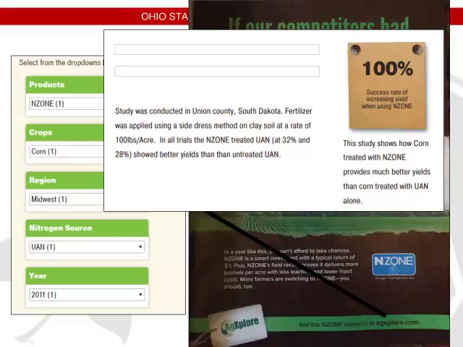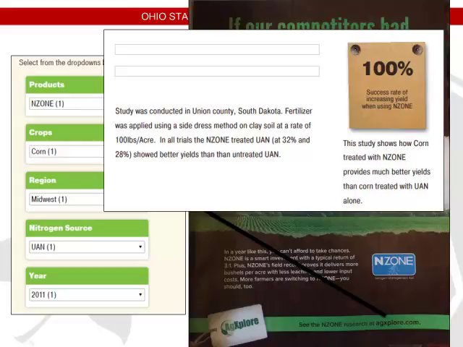And Jim said earlier, one-offs usually aren't very good, right? But maybe we'll give them the benefit of the doubt. I clicked one more time, and that location was in Union County, South Dakota, which I have no idea where that is. And it was on a clay soil with a rate of 100 pounds per acre.